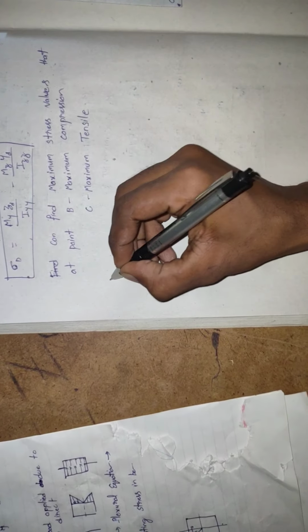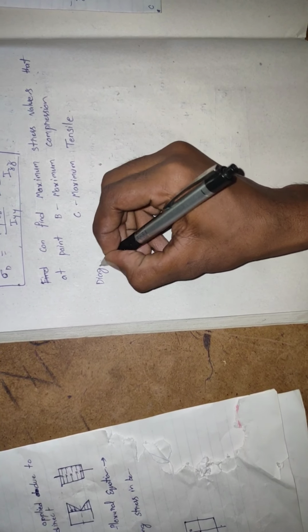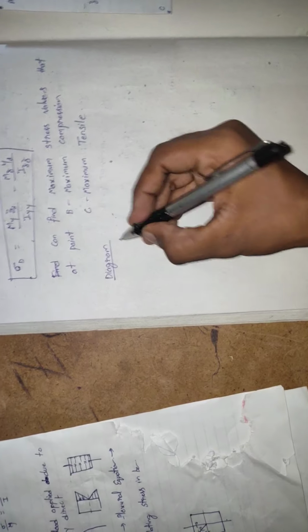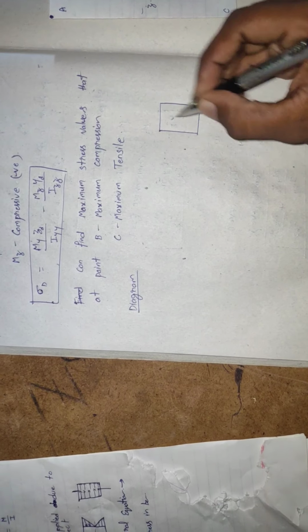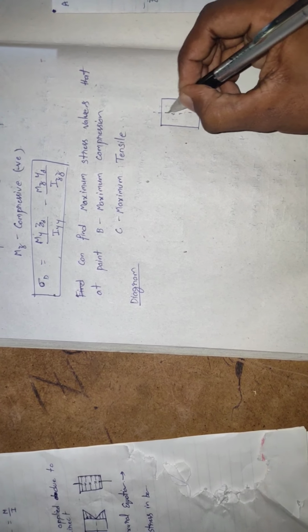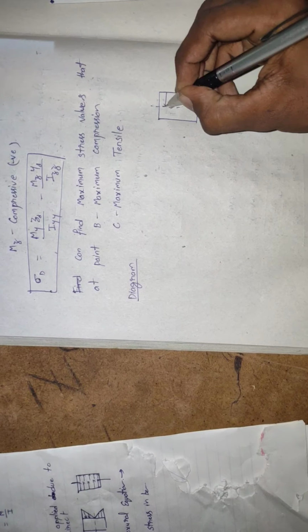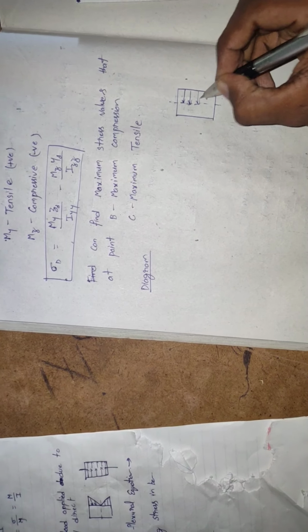Okay. Now let me represent using the diagram. Let me take if it is a section, the arrows representing towards the axis is compression, that is compressive.